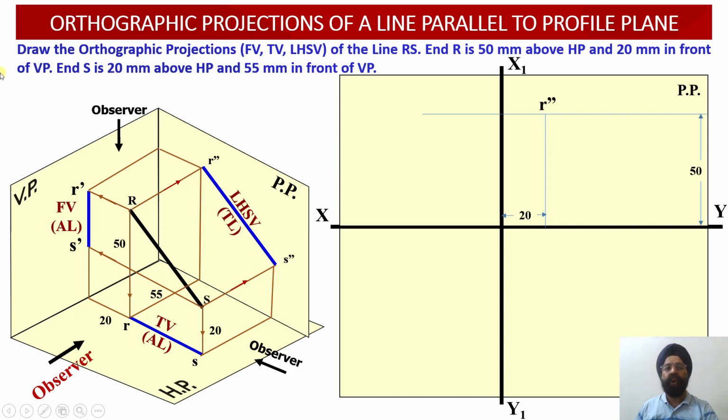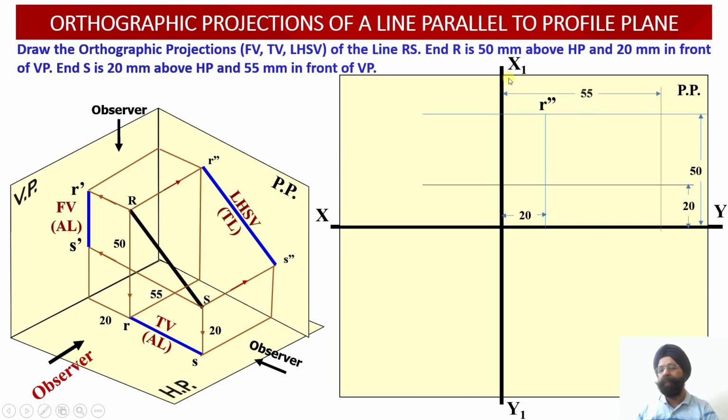Similarly, we know the coordinate location corresponding to the point S, that is point S lies 20 mm above HP. So please check, we have marked the distance of 20 millimeter above the horizontal plane. So another locus line we have drawn over here. Similarly, point S is at a location of 55 millimeter in front of VP.